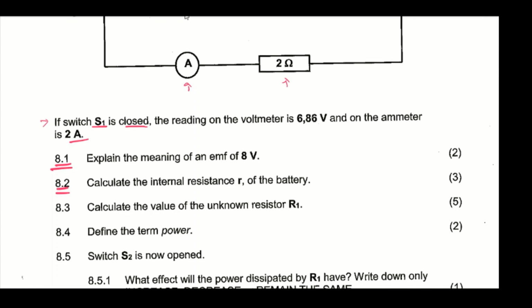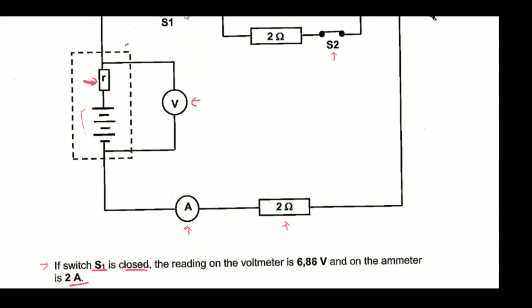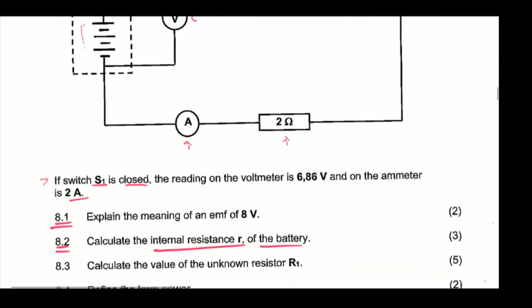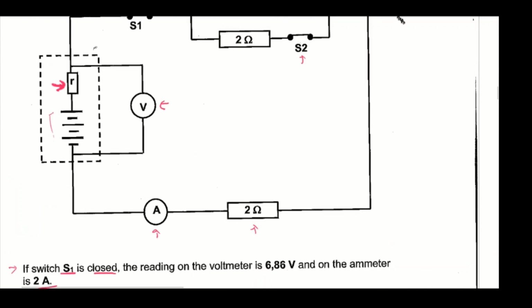8.2, we are asked to calculate the internal resistance of the battery, right? So the battery has an internal resistance, as you can see there. It's the small r. So we're just going to calculate that internal resistance. For us to calculate the internal resistance, we know that the equation for EMF is EMF equals I multiplied by the small r plus I multiplied by the large R, right?